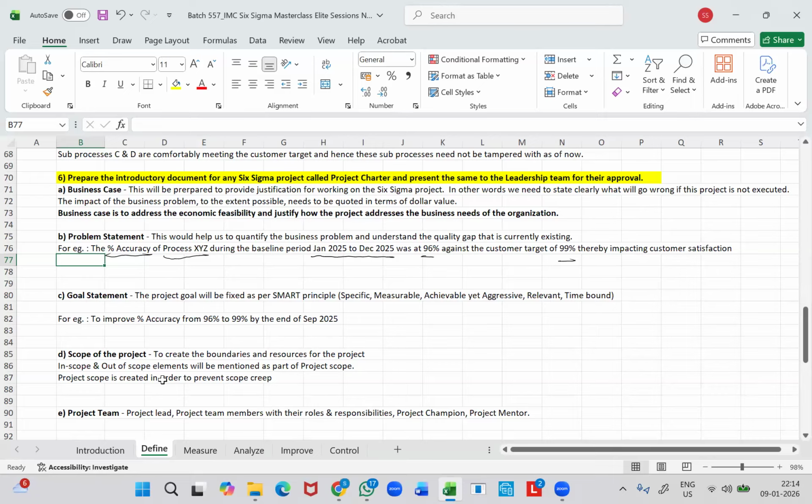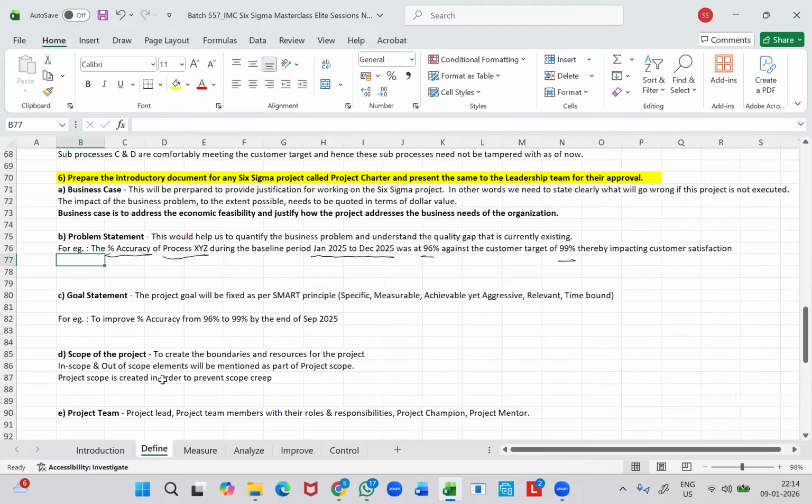So if your current performance is only 80%, if you're going to fix the target as 99%, will you be able to achieve it in one single project exercise? Definitely not, because you are so far behind. So you cannot have an ambitious target like 99% when your current performance is only 80%. So what you can possibly do is come up with a phase-wise approach.